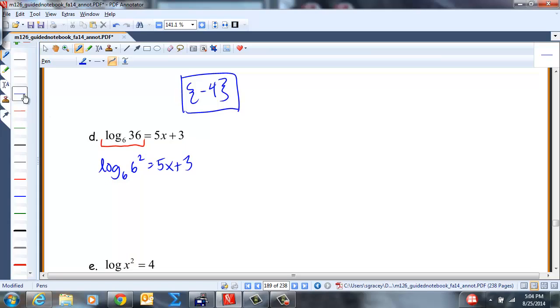Good. So this here, this part in the red, the power to which I raise 6 to get 6 squared is 2. So then 2 is equal to 5x plus 3. So then we have, if I take away 3 from both sides, I get negative 1 is 5x. And dividing by 5, I get negative 1/5 is x.